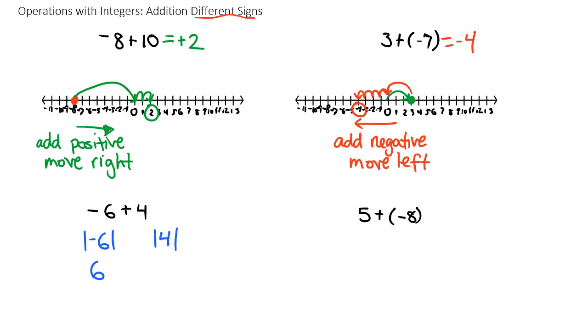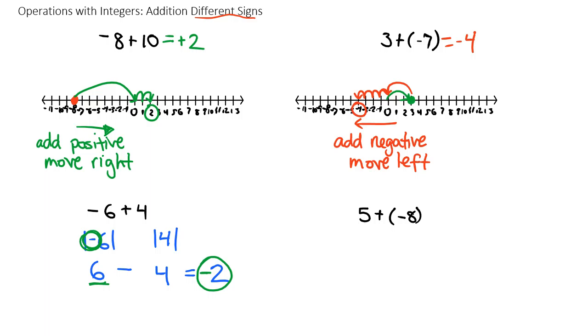You see that the absolute value of -6 is 6 and the absolute value of 4 is 4. So we subtract the smaller number from the bigger number, and we get 2. And then we take the sign of the one that has the larger absolute value, which is a negative. So it becomes -2.